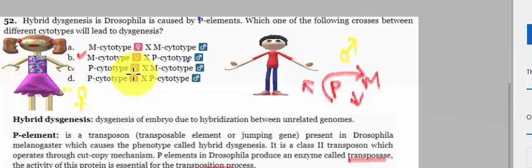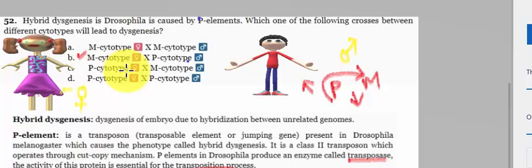So this is all about hybrid dysgenesis in Drosophila, which is solely caused by the P elements, where the enzyme present is transposase, which is responsible for the transposition process. In a cross between the P element carrying female and the M cytotype male, the derived cytoplasm represses the expression of the maternally inherited P element.